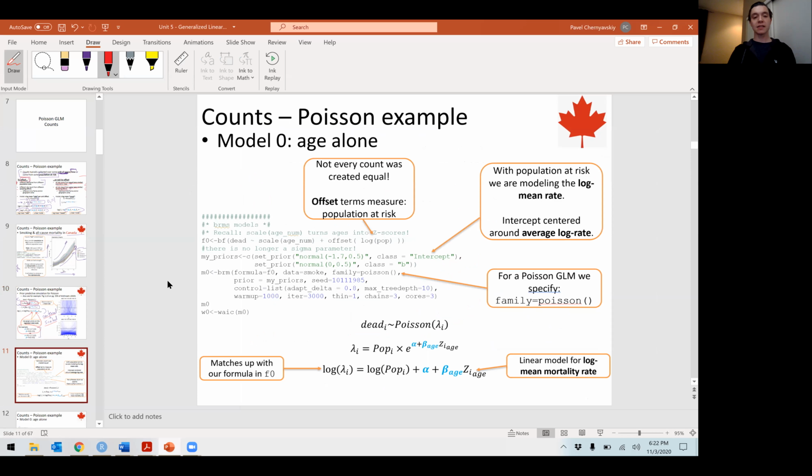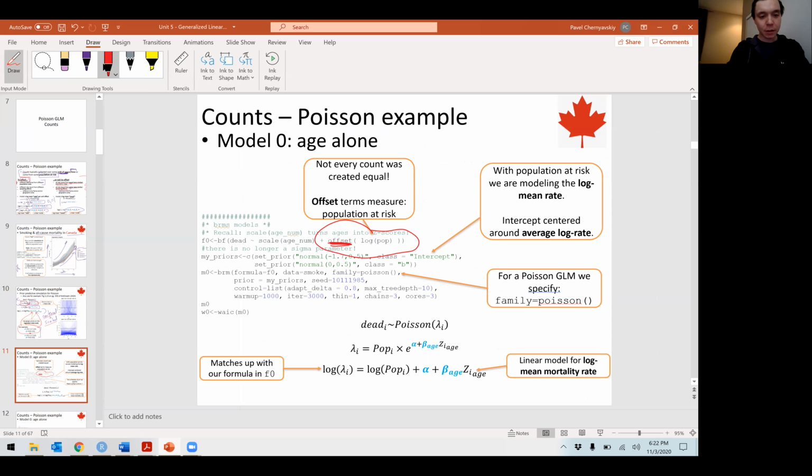So let's finish out this lecture by fitting our first Bayesian generalized linear model. I'll be using the BRMS package. A couple of things to keep in mind. First of all, I always used to forget, and might still do, why you use offset. When you say offset, you are telling R not to estimate a coefficient for this term.